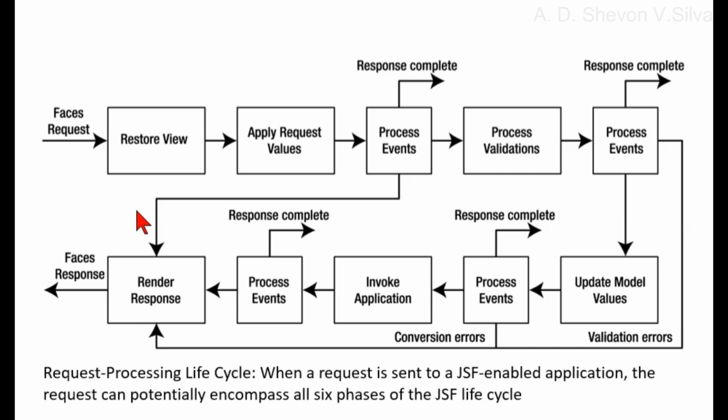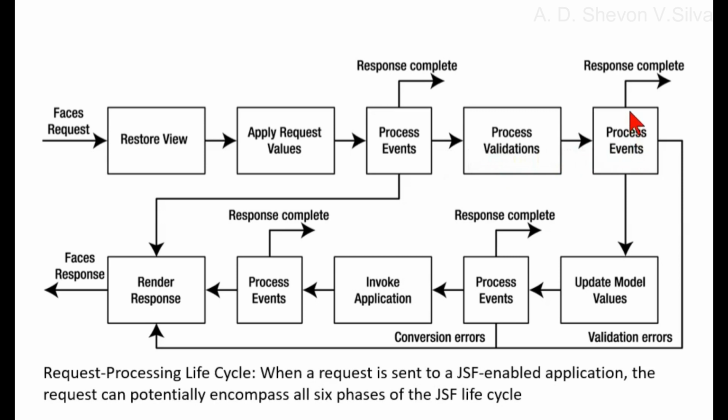Here the request is connected to restore view. Restore view is connected to apply request values, and apply request values is connected to process event. Then it can connect to response complete, and process event can connect to render response, and process event is connected to process validations. Process validations is connected to process events.